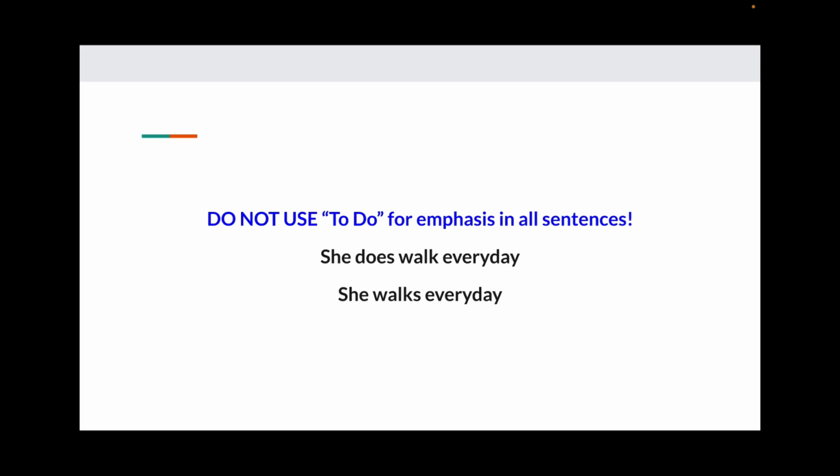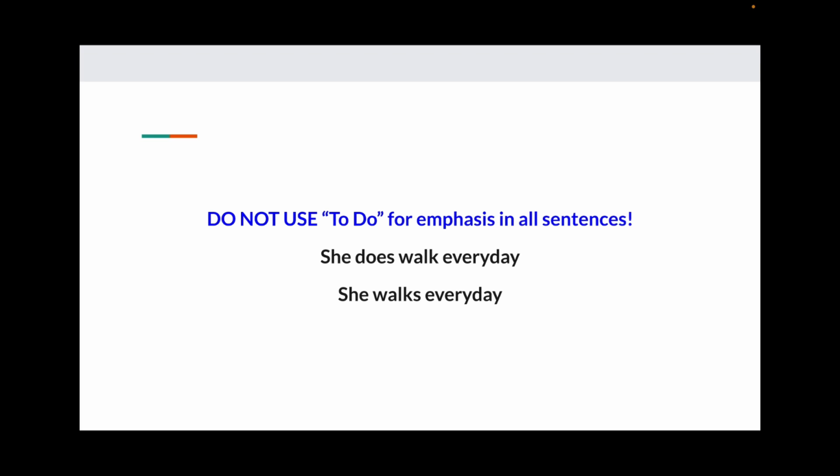As we continue to talk about emphasis, I want to note something important. You shouldn't use emphasis for all sentences because it can make your conversation, or your writing, very repetitive. For example, she does walk every day. She does see the sky.